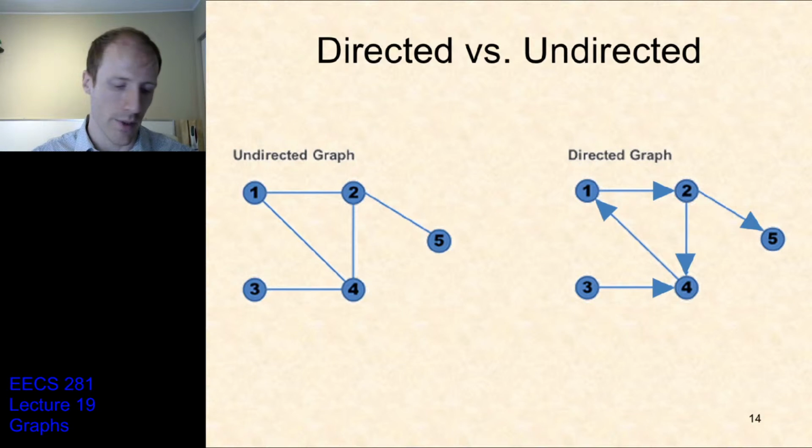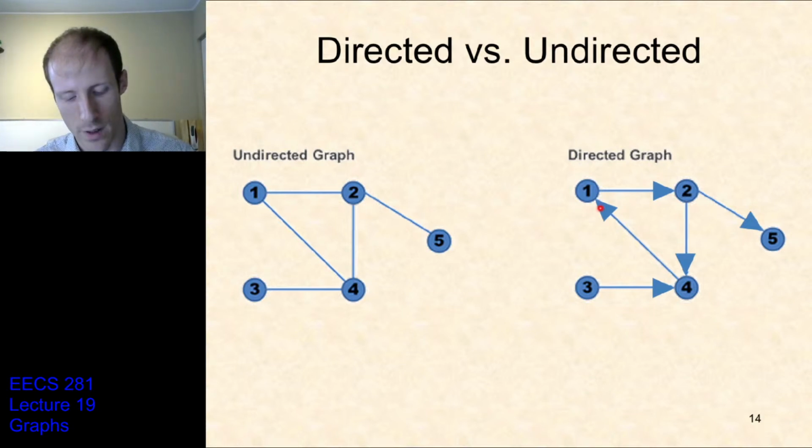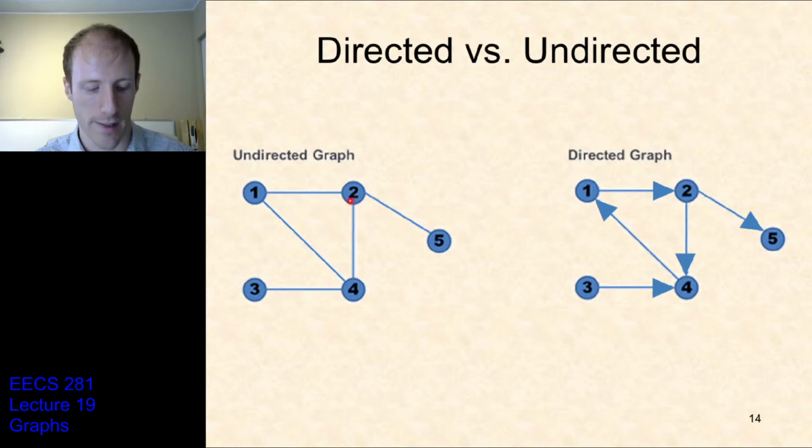One thing to think about here is how does this affect our notion of path? For both the undirected graph and the directed graph, we can say there's a path from 1 through 2 to 5. However, the directed graph does not have a path from 5 to 1, although the undirected graph does have such a path. And so this also affects our notion of whether the graph is connected or not.